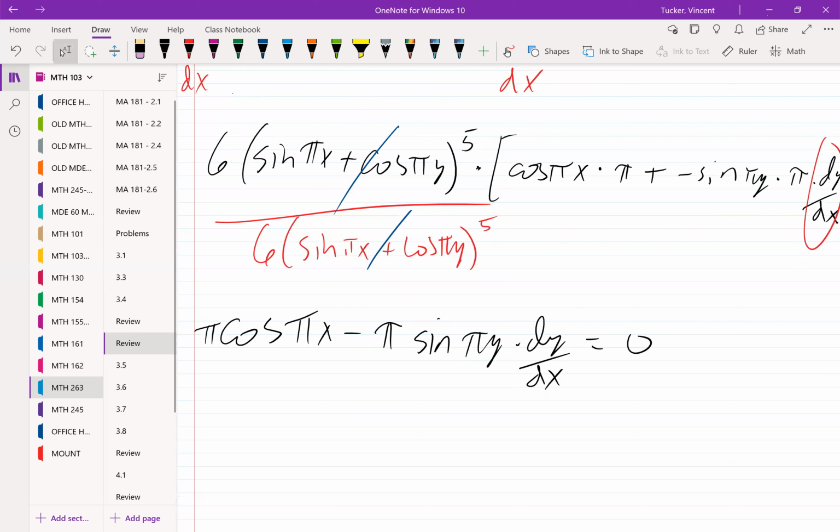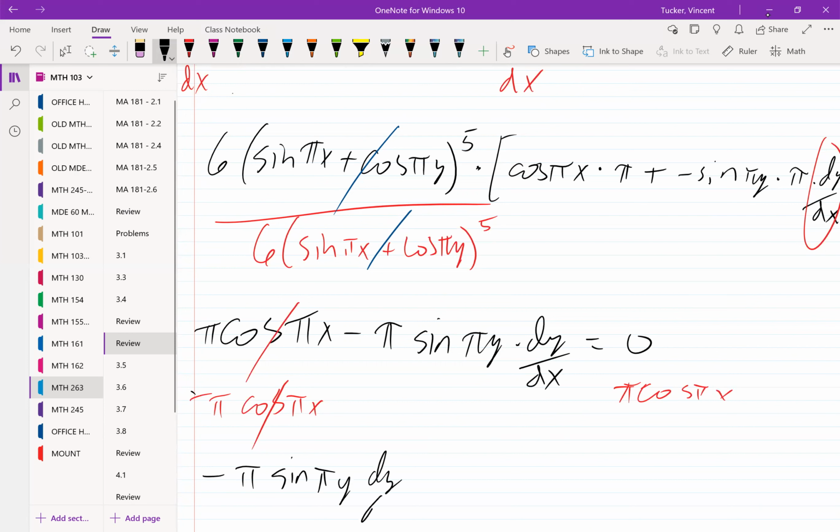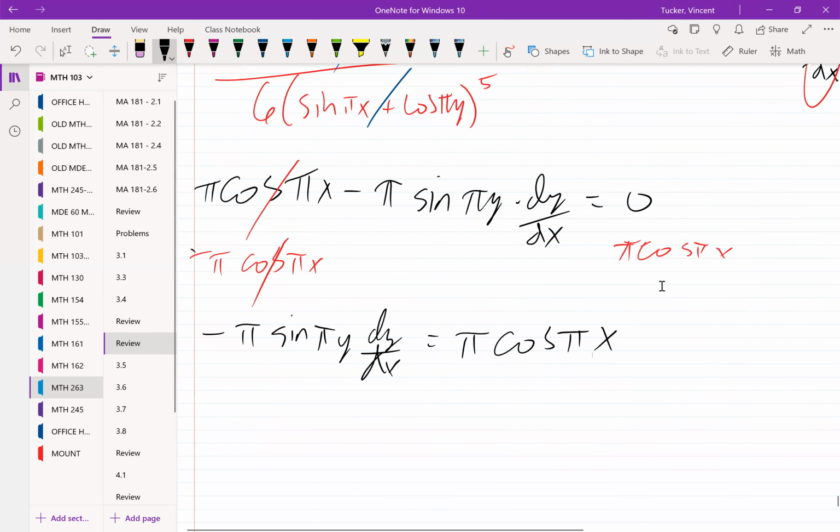Now we go to solve for dy/dx. Subtract pi cosine pi x. Left with negative pi sine pi y dy/dx equals negative pi cosine pi x, since when I subtract it, it becomes a negative. Now divide by negative pi sine pi y.